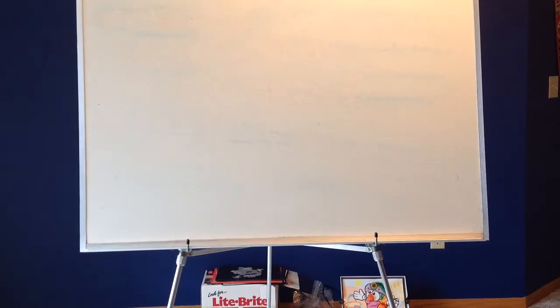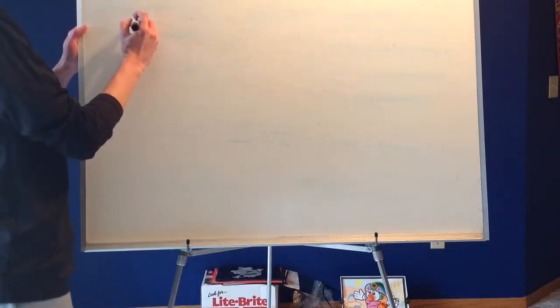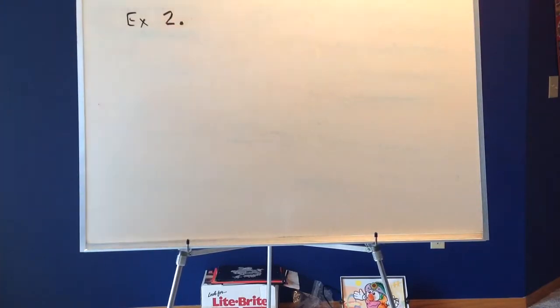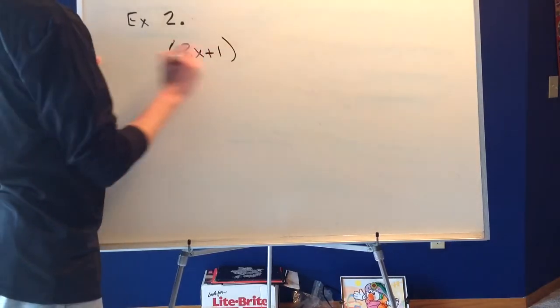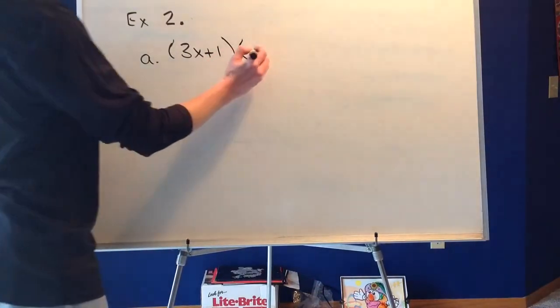Okay, the other method we have then is the table method. For the table method, like I said, we're basically going to end up making a tic-tac-toe table. So for the first one, you've got 3x plus 1 times x plus 4.